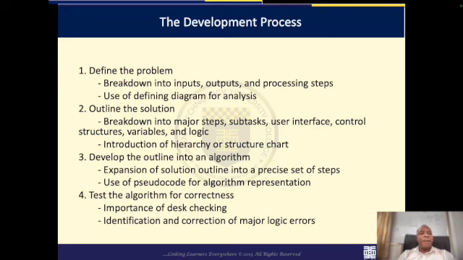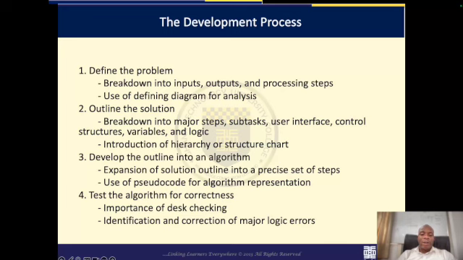That is, after defining the problem, you should be able to outline a solution to that problem. It is after you have outlined a solution to that problem that you now develop outlines for your algorithm. Then, after outlining your algorithm, you need to test the correctness of the algorithm that you have outlined.